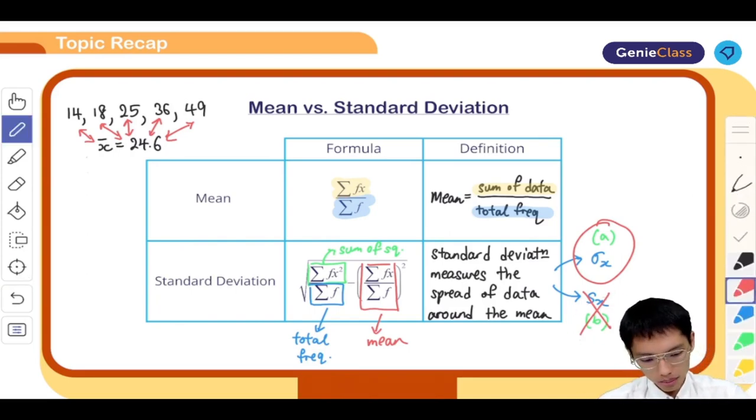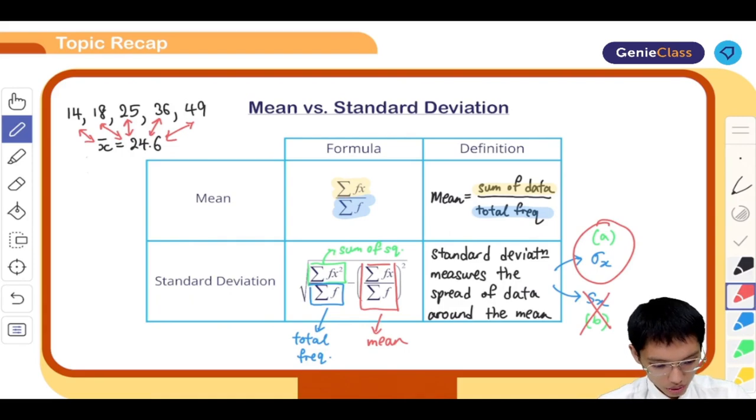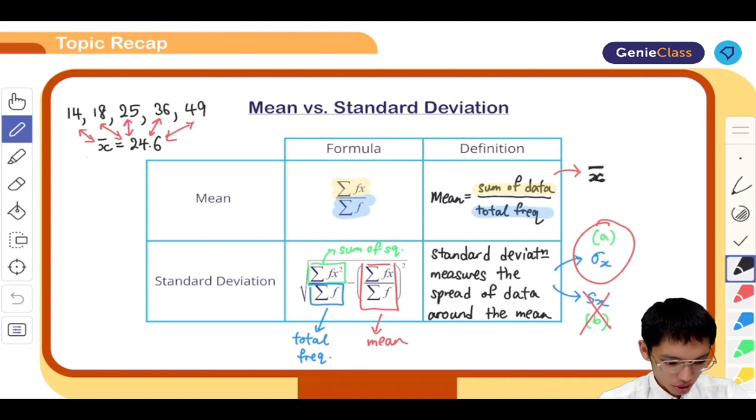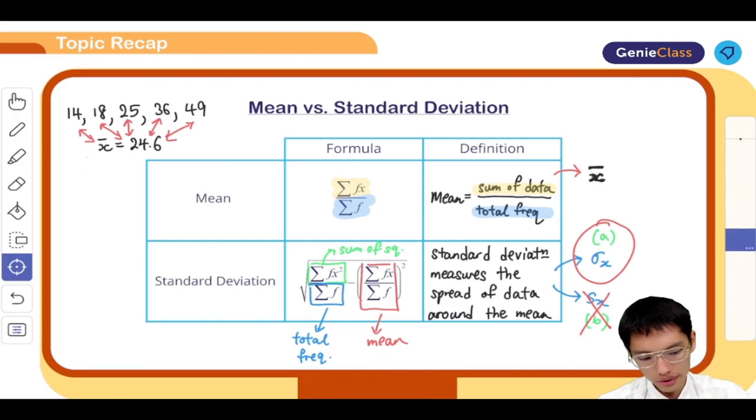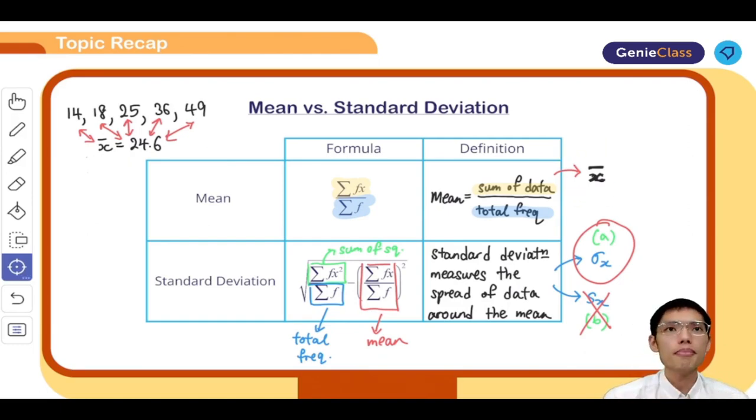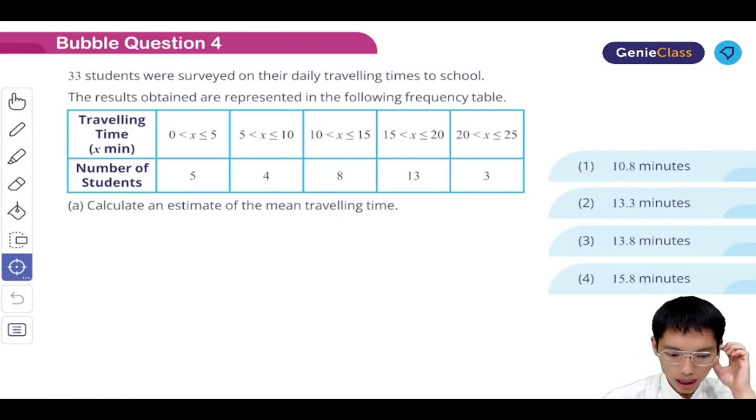And also for the mean, just take note, there's only one way to check over here. It's actually this one. Take note when you are putting in the value for the calculator, it's this one over here. Of course, you can calculate manually, but usually for this kind of 1 mark question, we want to make sure you go as fast as possible. So make sure you know what to key in the calculator, which is the notion of this next bubble question.